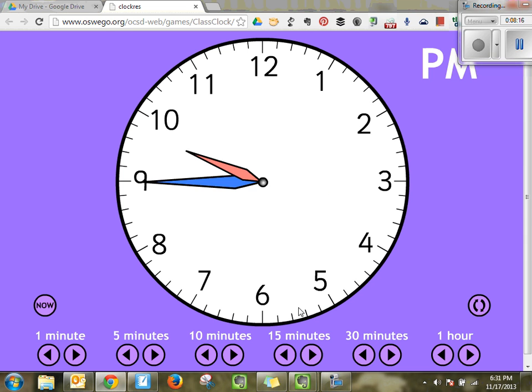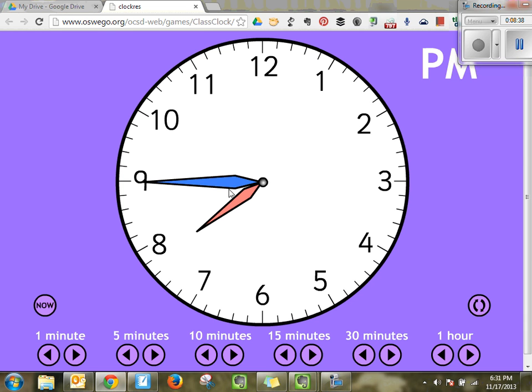The other one that we talked about today would be quarter to or quarter before. So for this example, the minute hand is always going to be pointing directly at the 9. As I move this hour hand around, you can see that minute hand is not moving. The hour hand keeps moving, but the minute hand does not move. To show quarter before, the minute hand is always going to be pointing directly at the 9.